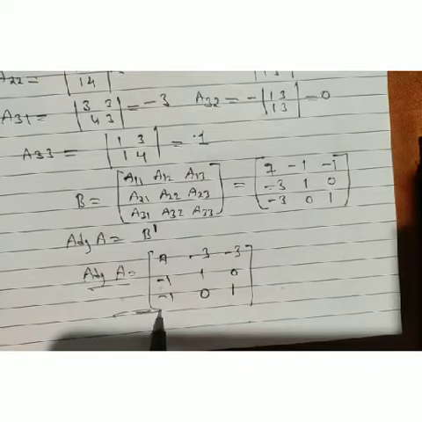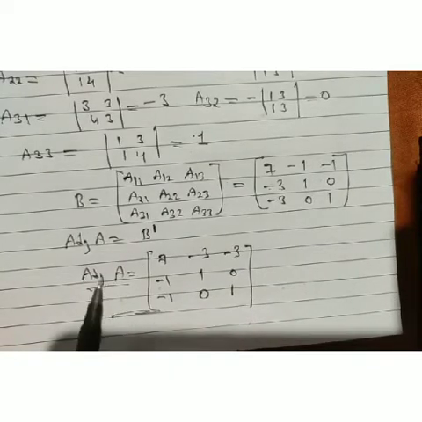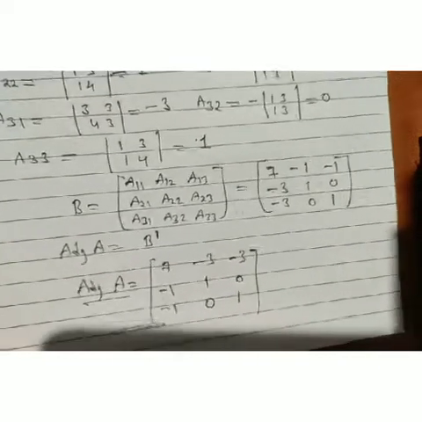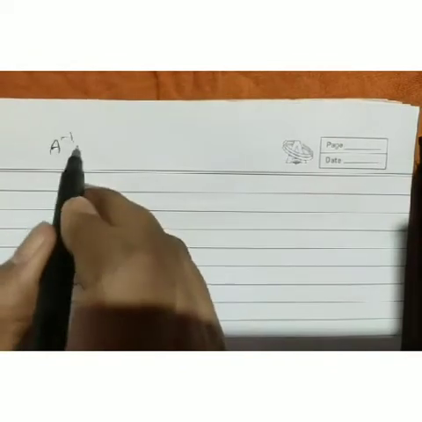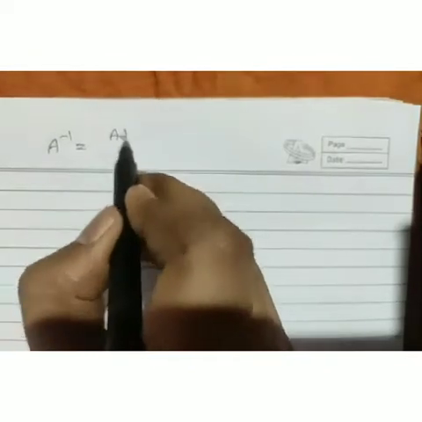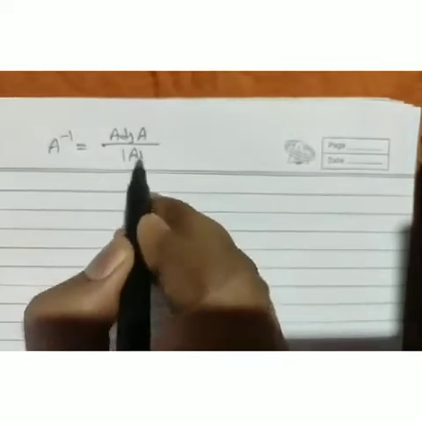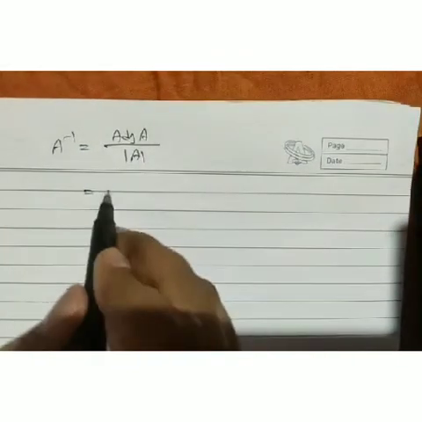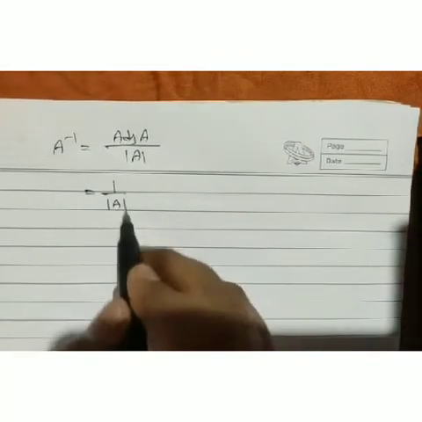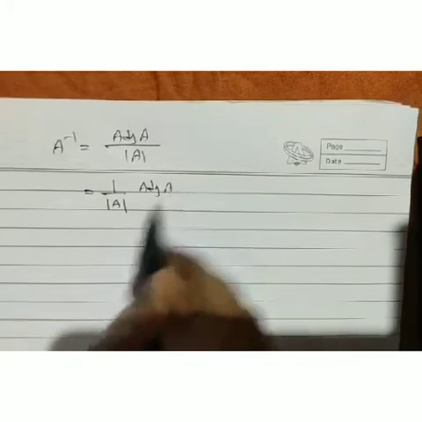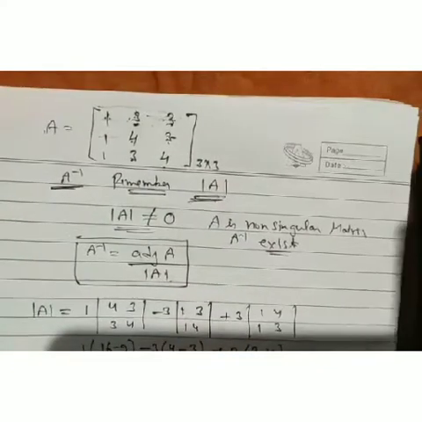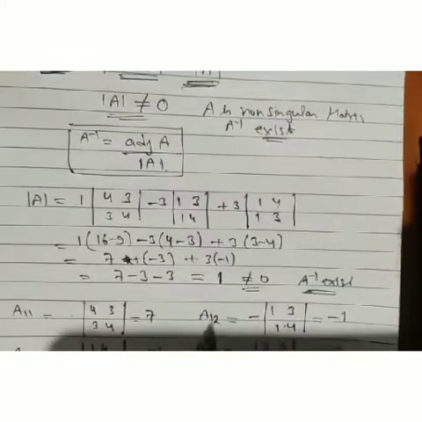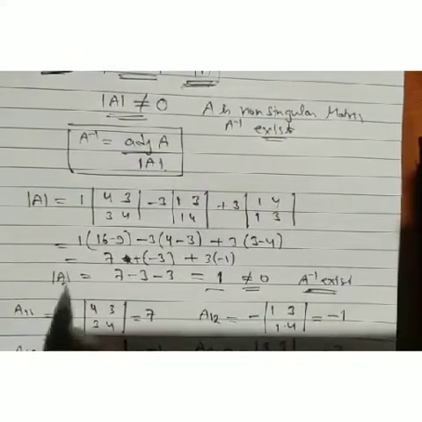Now we are going to find out A inverse. How can we find A inverse? Now we have the formula: A inverse is given by the adjoint of A divided by the determinant of A. What do we get for the determinant? We get the determinant value of A is 1 there.